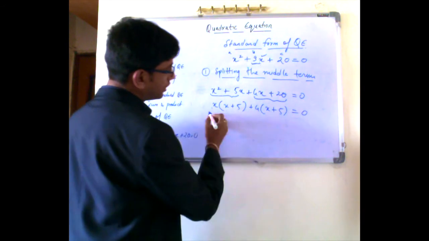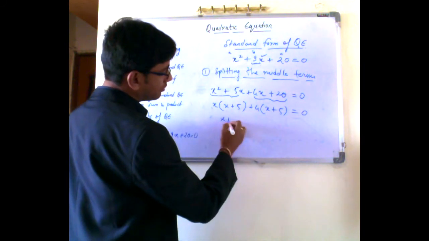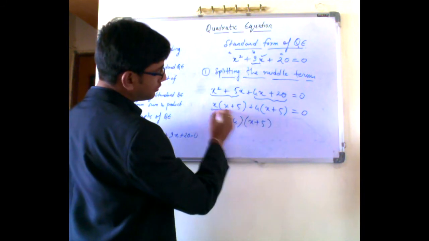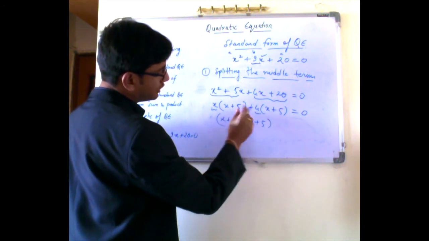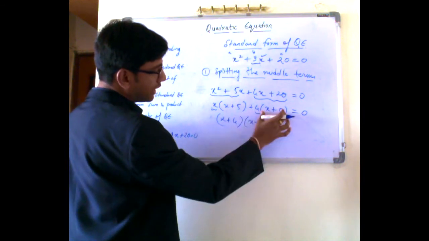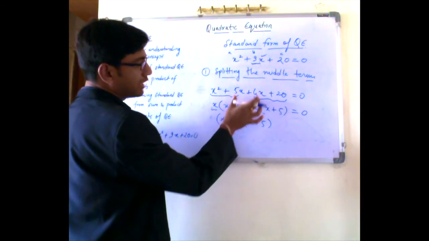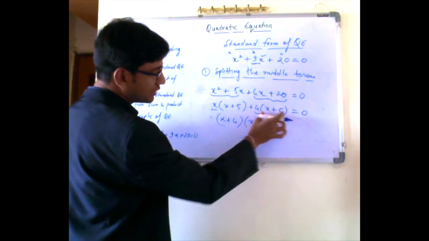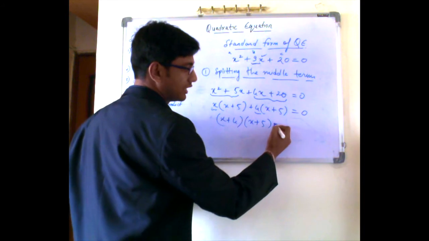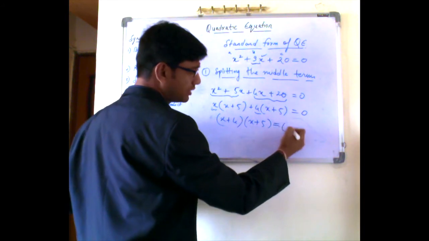Then we combine: x plus 4, x plus 5. We take this term out as common, so these two terms have to be the same. By splitting the middle term, we effectively get these two terms common, and hence we are able to take this out common in this expression. This is equated to 0.